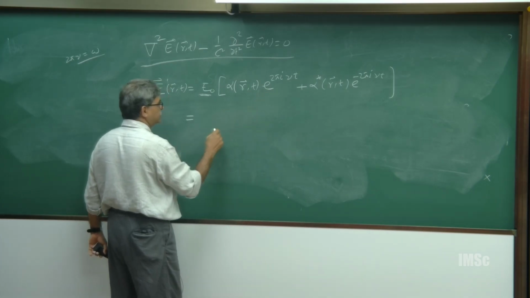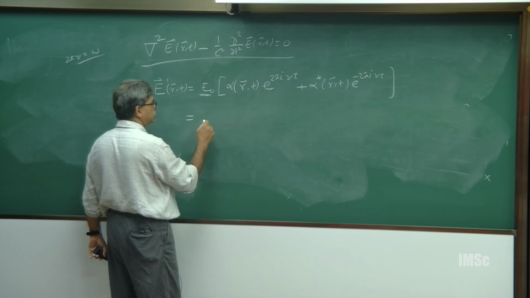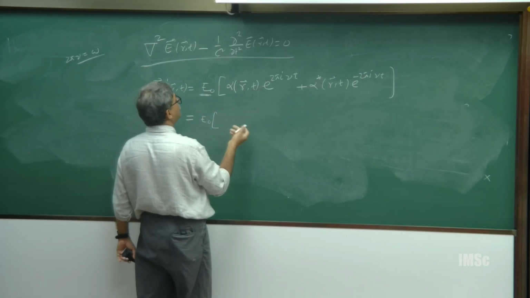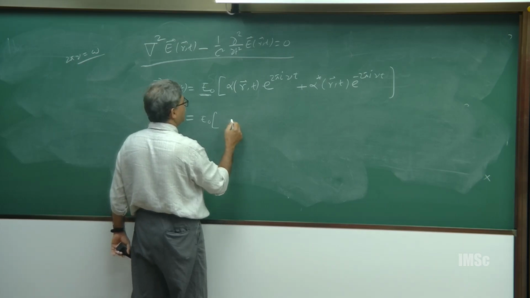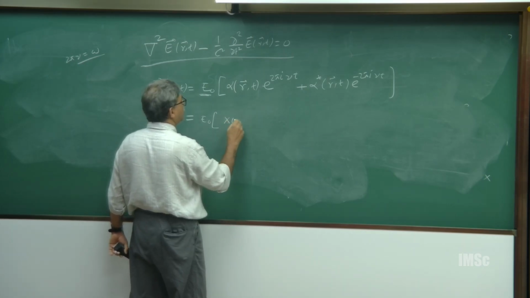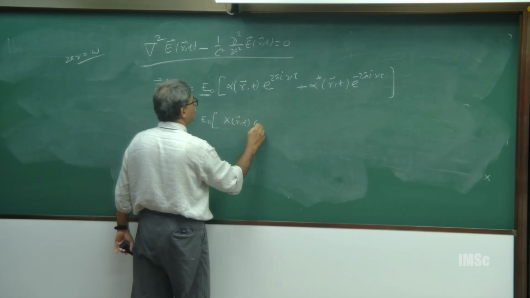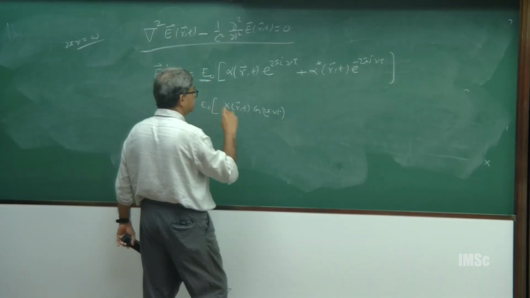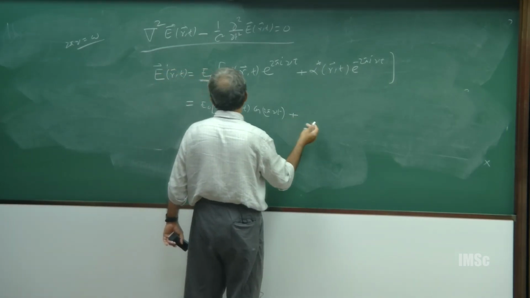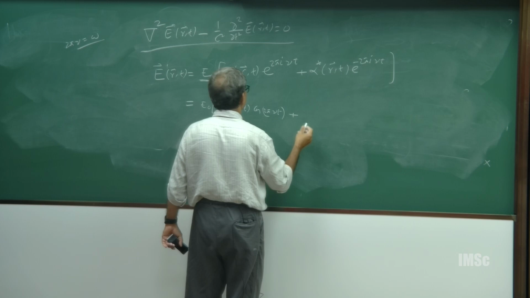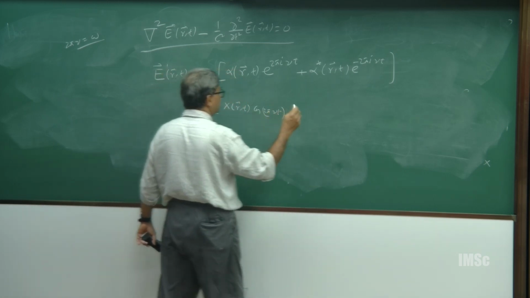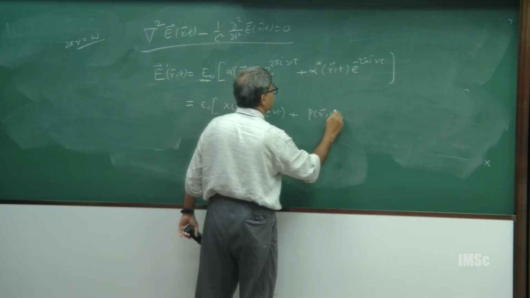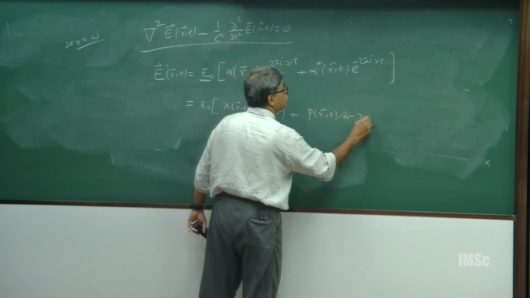This will be x of r, t cosine 2 pi nu t plus p of r, t sine 2 pi nu t.